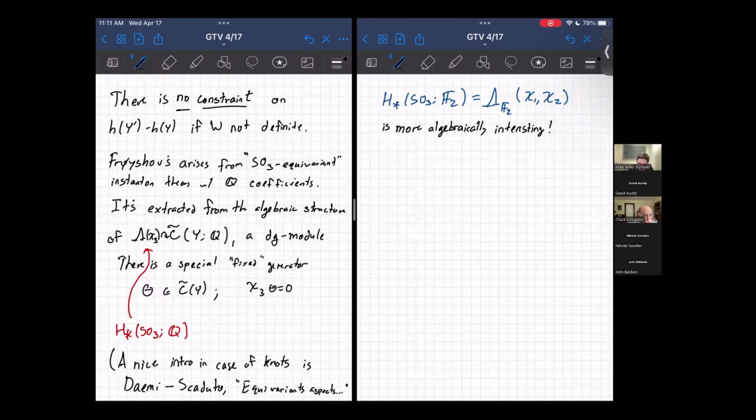Kim Froyshov recently posted a new paper talking about exactly some of the structure you can get out of SO(3) equivariant instanton homology over F2.